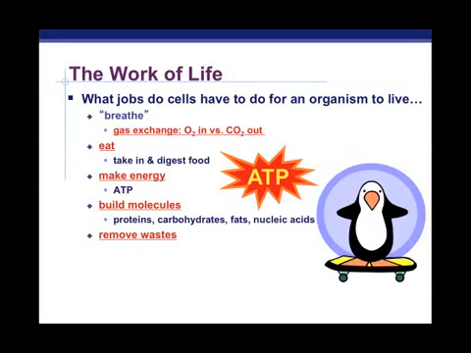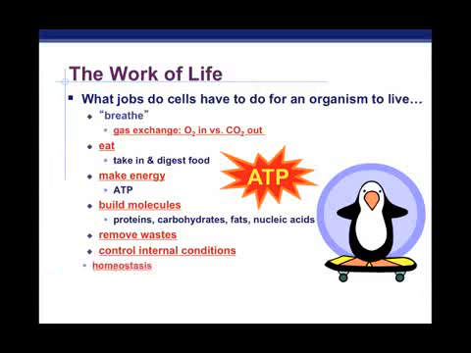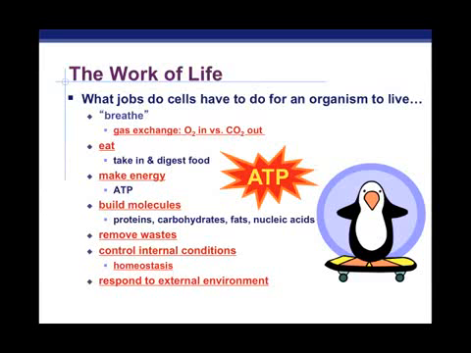And then they have to remove the waste, control the internal environment, which is called homeostasis, and respond to things in the externals, such as fear, walking, to go up a flight of stairs. All of those are external.